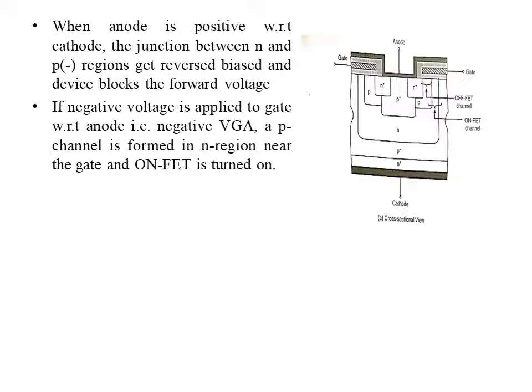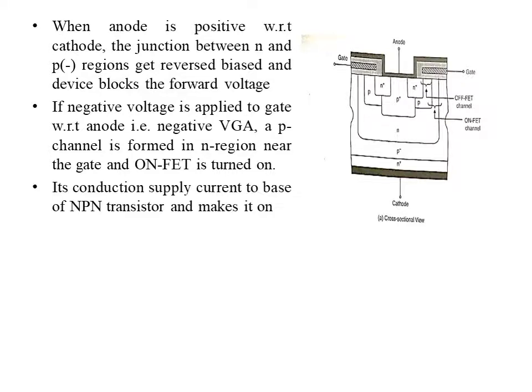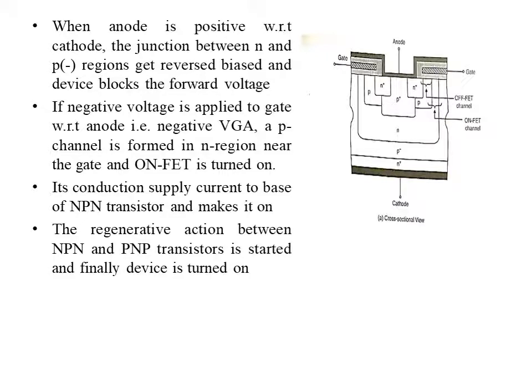That means out of two MOSFETs, one MOSFET is turned on. Its conduction supplies current to base of NPN transistor and makes it on. The regenerative action between NPN and PNP transistor is started and finally the device is turned on.